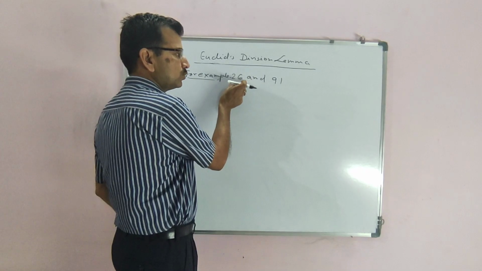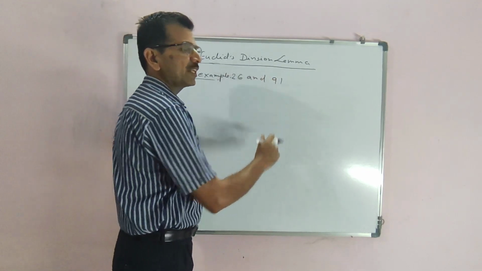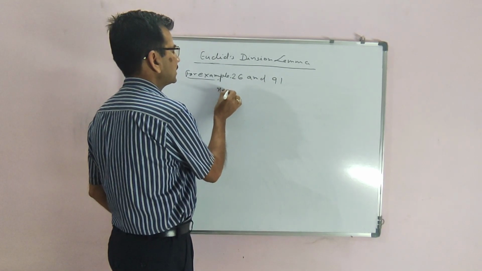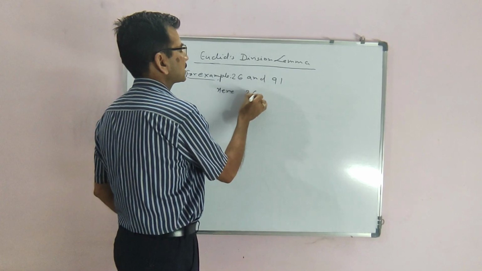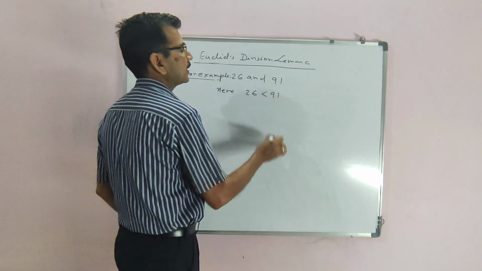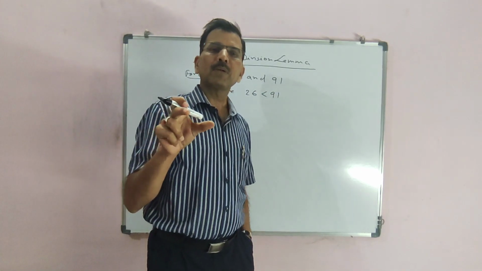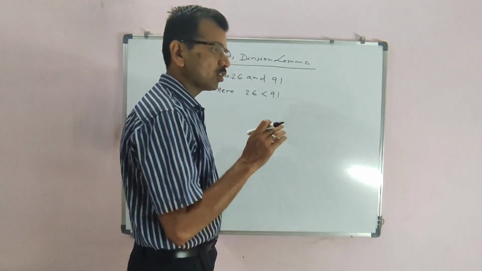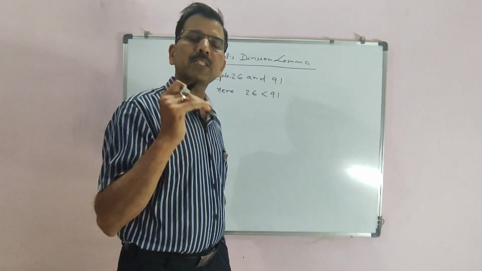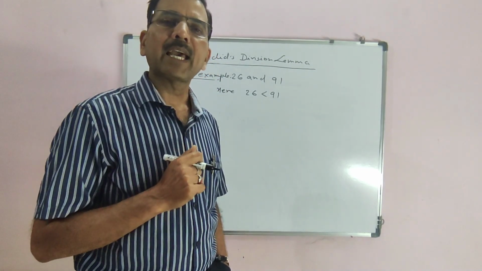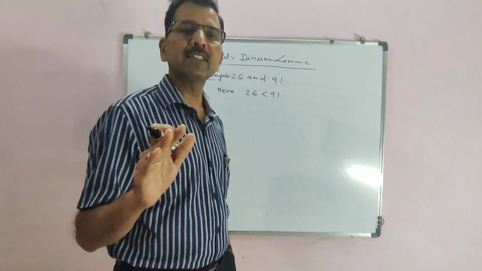First, we have to decide which is smaller and which is bigger. Definitely here we see that 26 is smaller than 91. Students, you may remember that in the previous class we studied the long division method for finding the HCF.